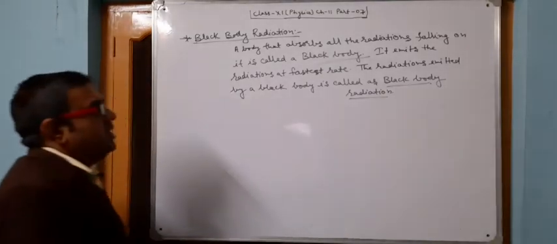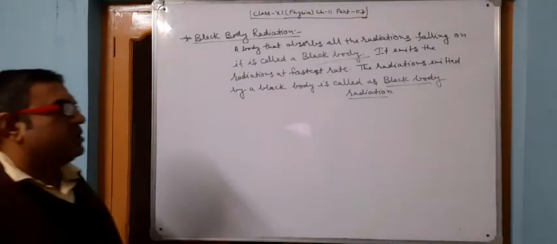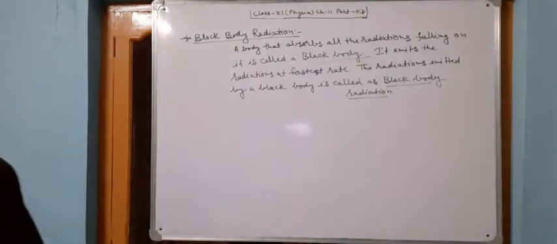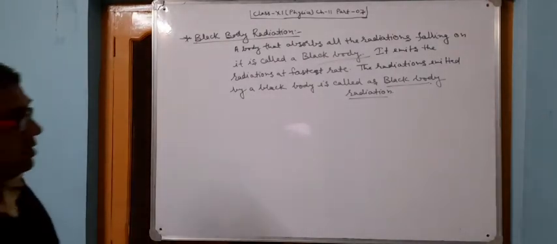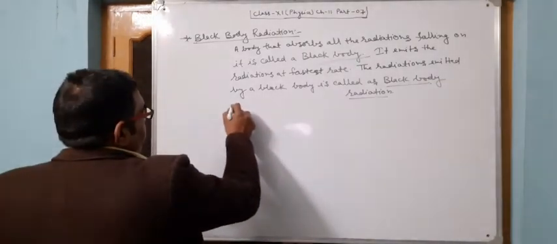The emissions that are emitted by a black body is called as black body radiations. So it is called as ideal radiator.